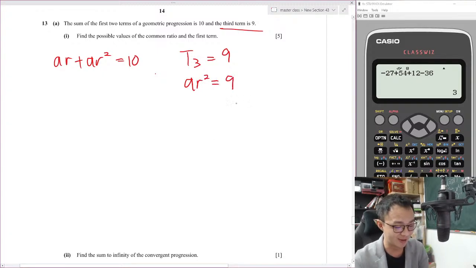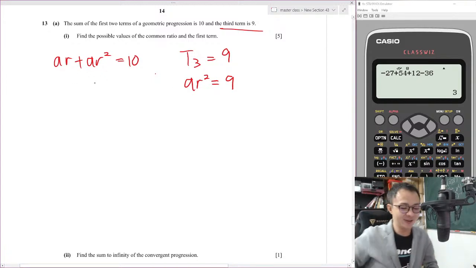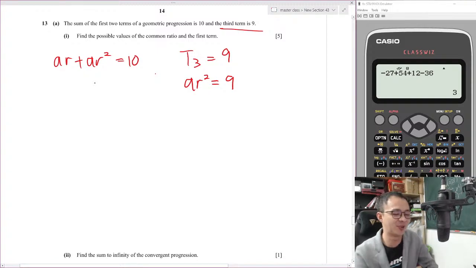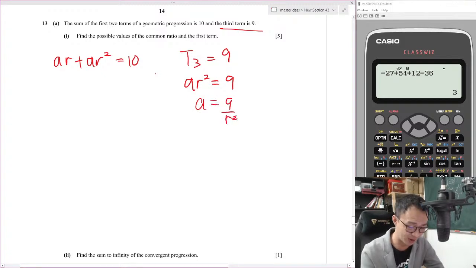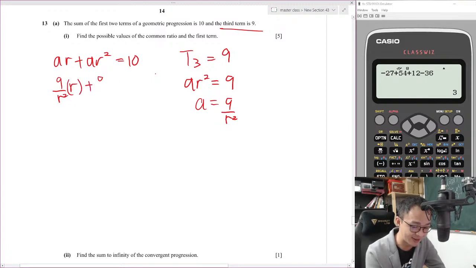And now you realize I have the AR squared. I can just sub in my AR squared into there. But no, because if I sub in, I also will get the A and R there. So I make A the subject, okay? 9 over R squared. So 9 over R squared multiplied by R plus 9 over R squared equals 10.